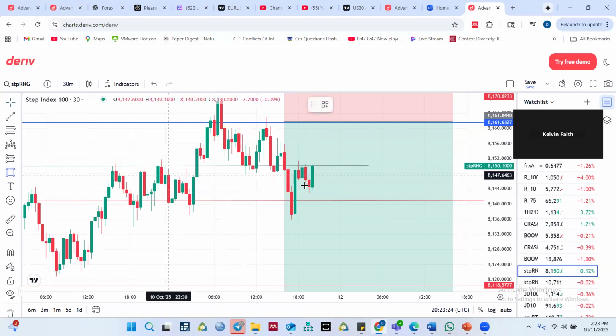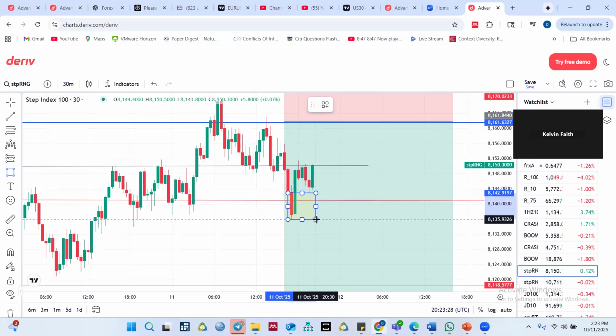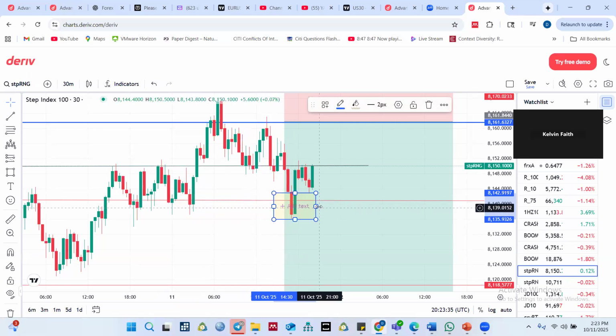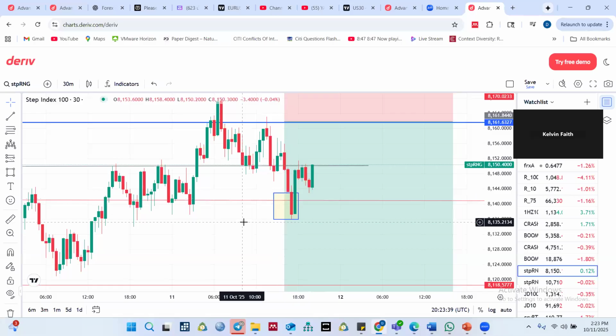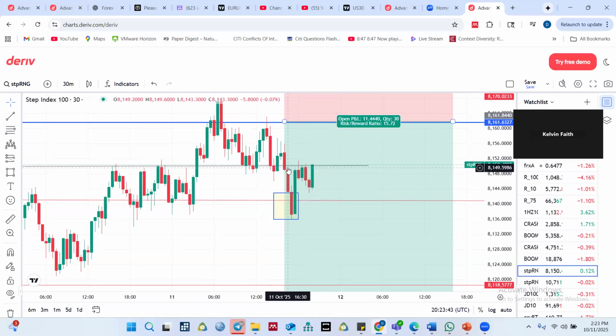I was hoping to see a body close below this red line, and this is the 30-minute time frame. We have a 30-minute bearish body close, so this is good. This is the indication that we are still below our magic support resistance line, which is the blue line, and we have gotten TP1.